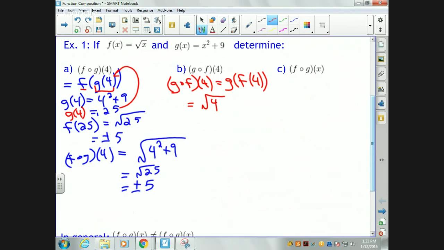But then we plug that into G. Everywhere we see an X, we're going to plug in the square root of 4. Yeah, the square root of 4 squared is just 4. We add 9, and we get 13. And you can see the answers are different here, which is fine.